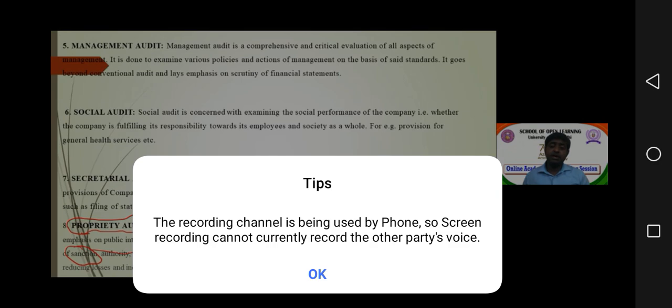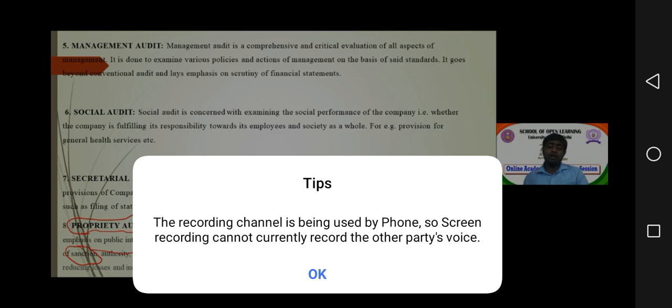This is what we are able to check and observe: whether we are conducting all these activities within the law, or whether any act that I am doing is going beyond the provisions of the law that is governing my business. All right. So this is what proprietary audit is all about.